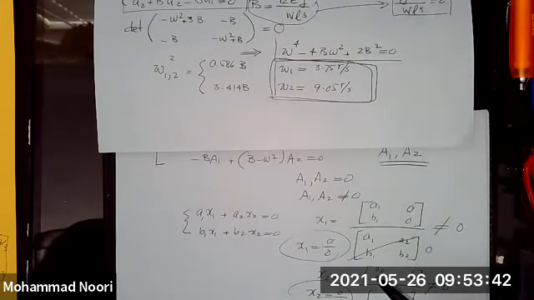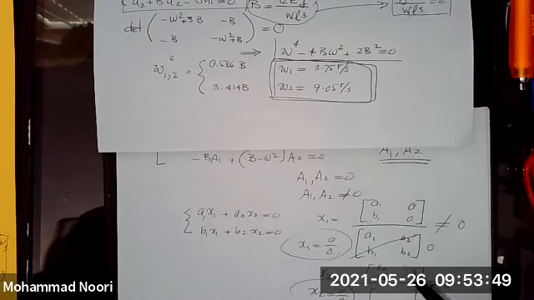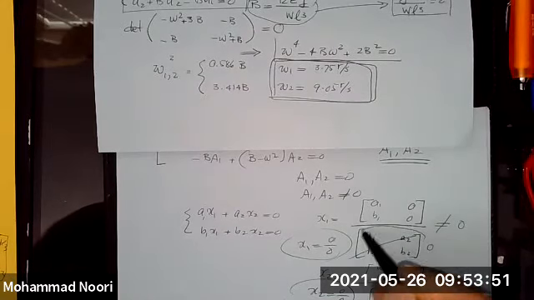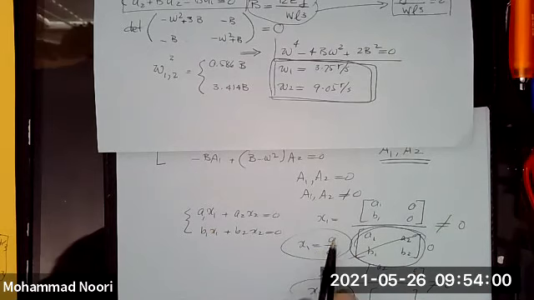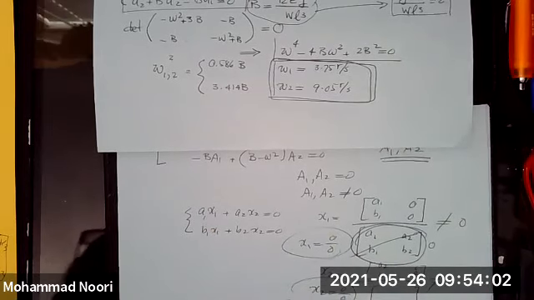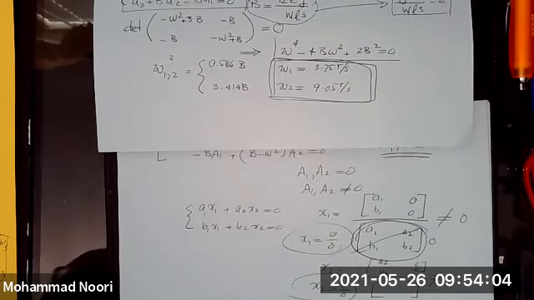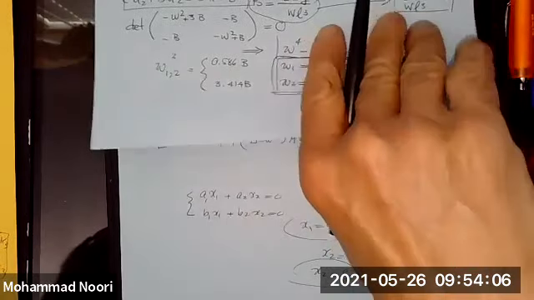That's the only possibility that these would have non-zero solutions. But that requires that this determinant be 0. That's why we say the determinant of the coefficients has to be 0, so that you get 0 over 0 and a non-trivial solution. Going back to linear algebra.